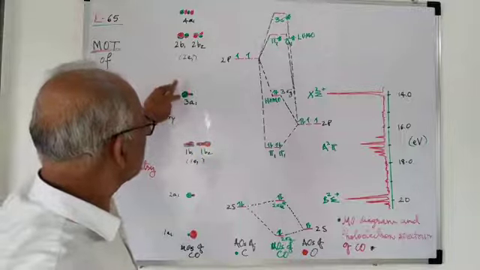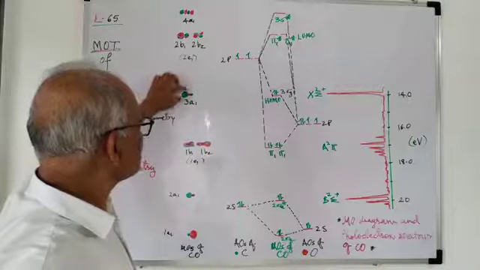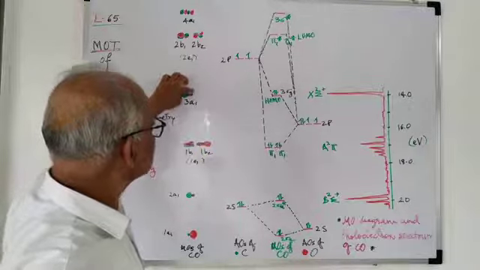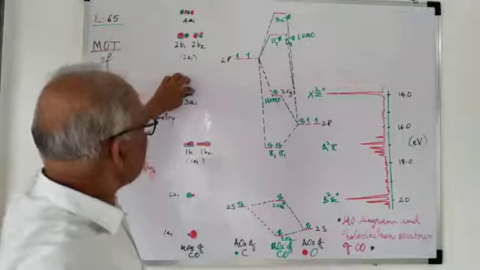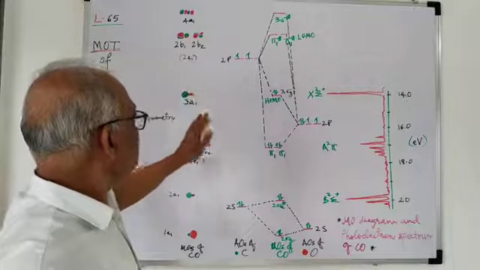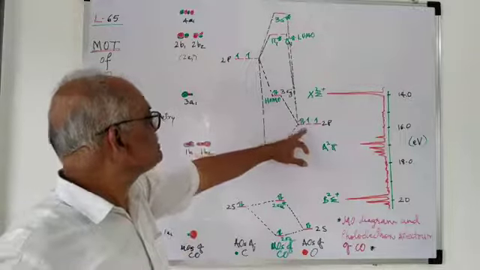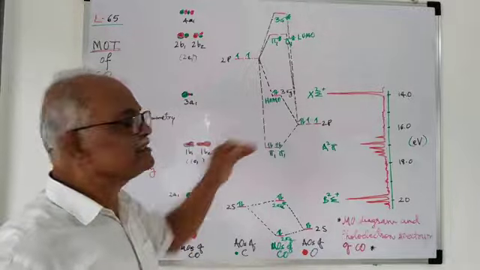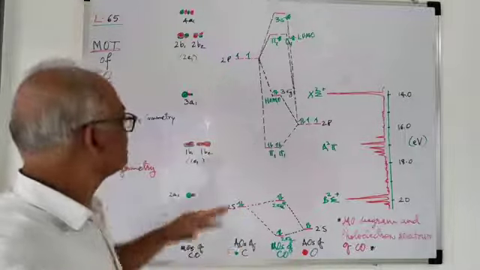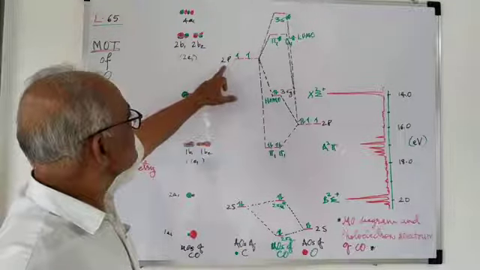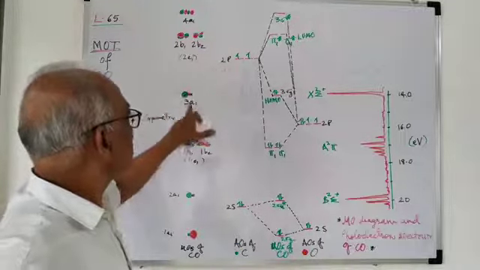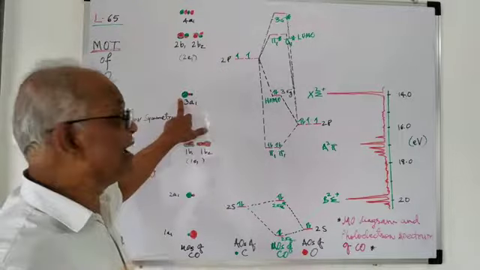Here you will find that the carbon has larger contribution, and this side has a smaller, shorter contribution by oxygen. So contribution of this oxygen to this is relatively smaller, and this contribution of carbon is relatively more here.